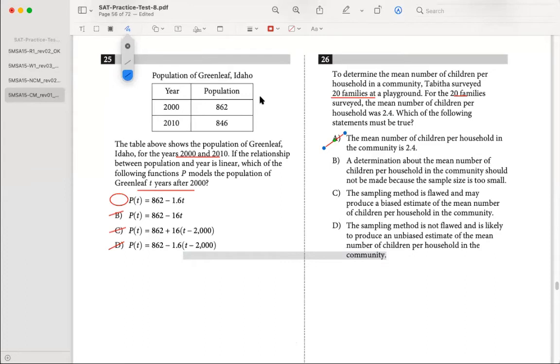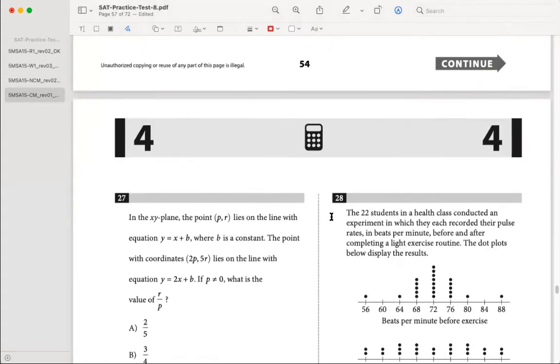You said it's flawed. Sampling method is flawed. Yeah, so that makes sense because it produces a bias. Exactly. And then, yeah, so C should be the right answer.